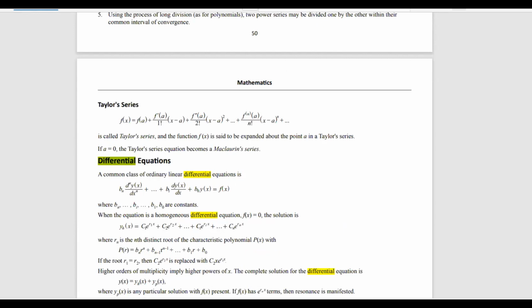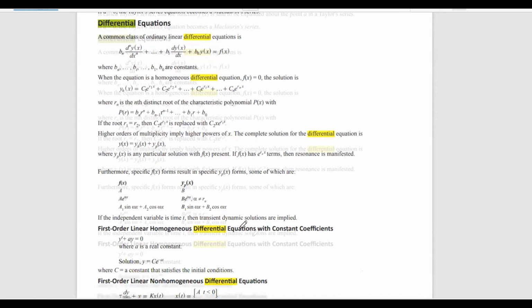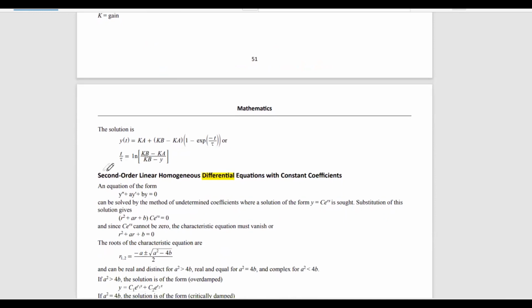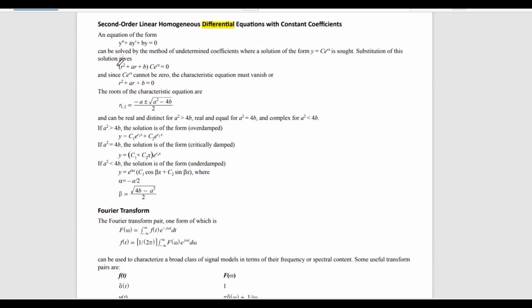Differential equations. So I'm going to scroll down because I'm looking for the form that I have, which is not for first order. We have the second order differential equations. So my equation is of this form. So I have to follow all these steps over here and get to the solutions that's going to look something like this.